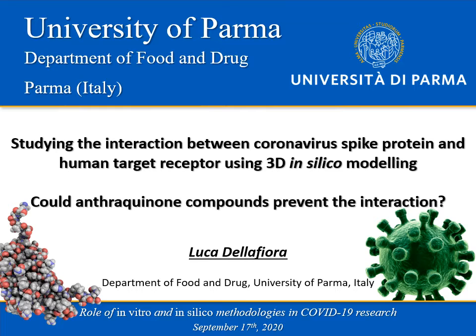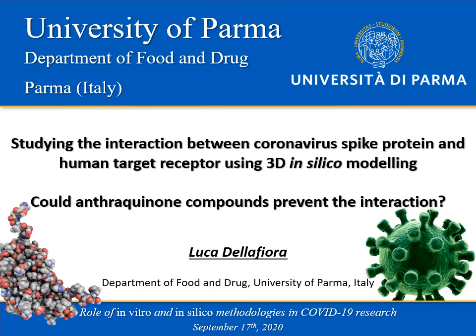As you can see on the slide, the presentation you are about to see deals with the use of computational methods to study the interaction between the spike protein of coronavirus and the human target receptor angiotensin 1 converting enzyme 2.